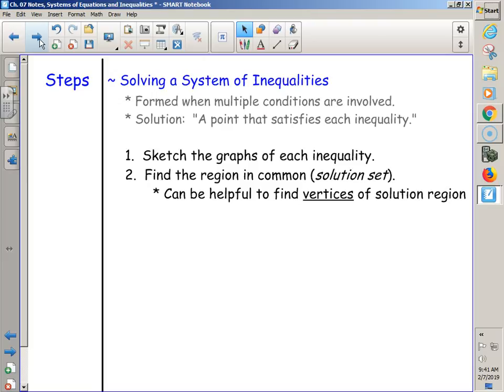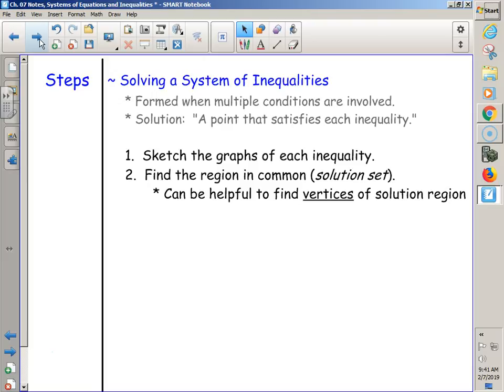Shade whatever regions you need to be shading, because part of sketching is the shading. Figure out the overlap, what region is in common. And if worse comes to worst, you can always just test sample points.